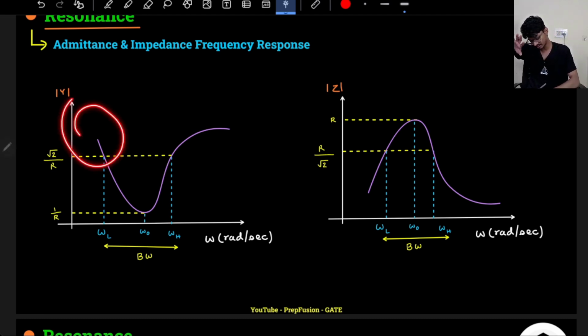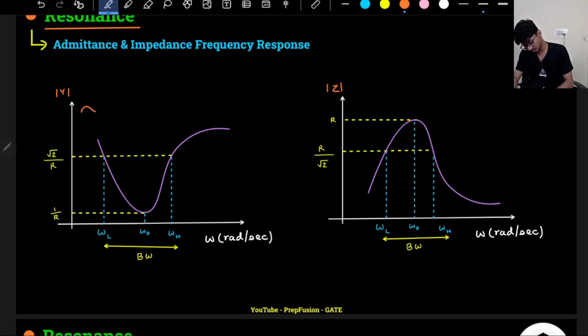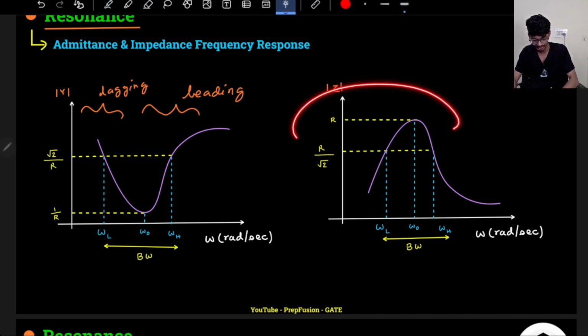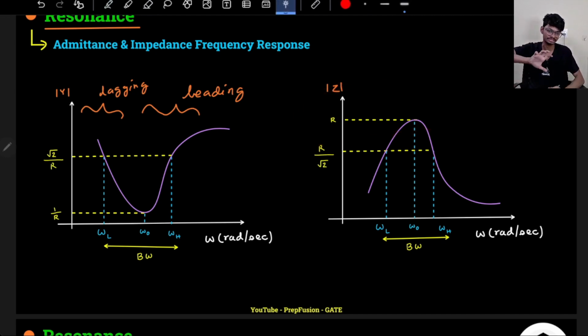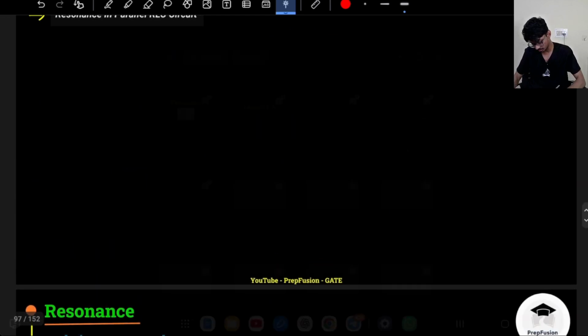In this region it will behave as a lagging circuit because it is inductive, and in this region it will behave as a leading circuit. This we have already discussed previously. Now we have discussed the angle as well, and this is the impedance. Impedance will be just the inverse of admittance. That's it.